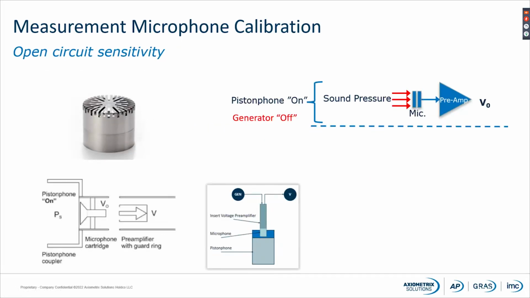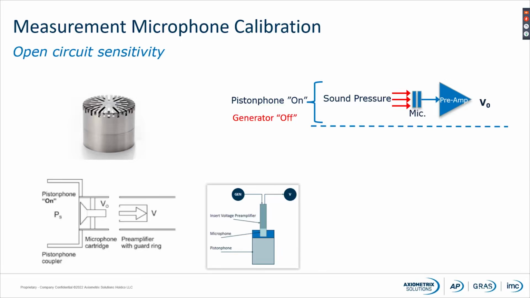Let's have a look at how we actually measure the open circuit sensitivity. The open circuit sensitivity is normally measured together with a piston phone and a special amplifier, which we call an insert voltage amplifier.